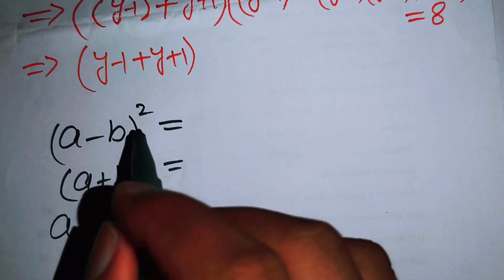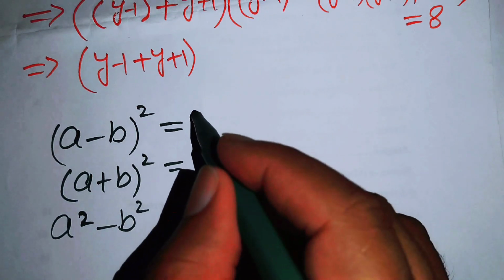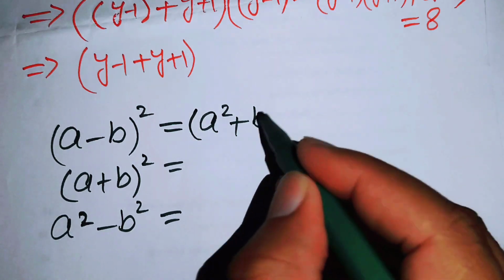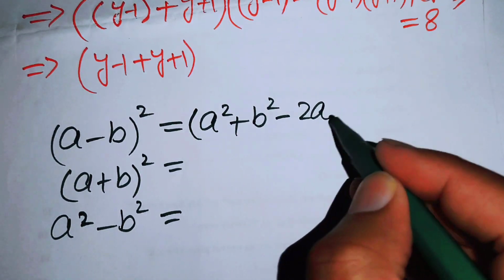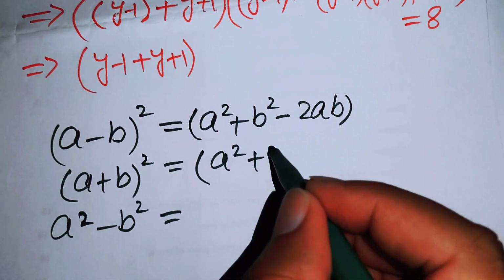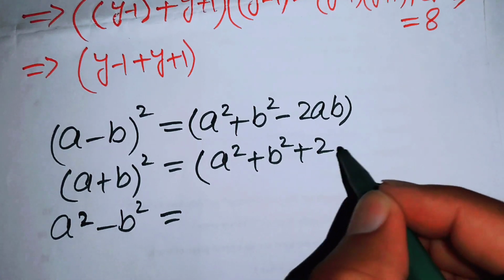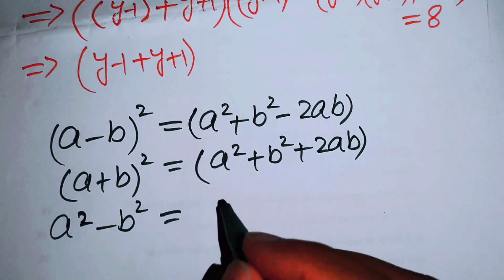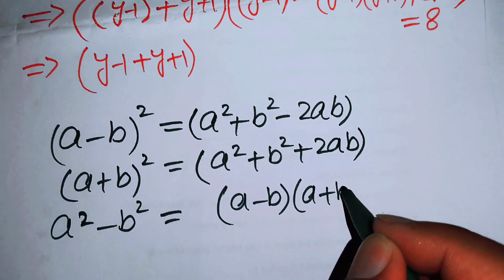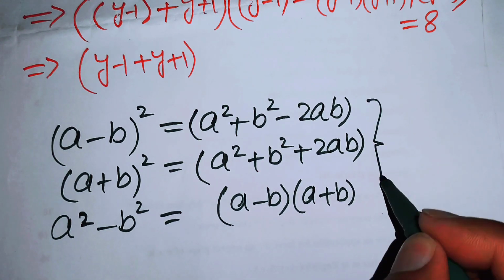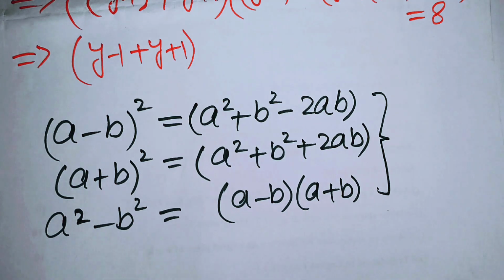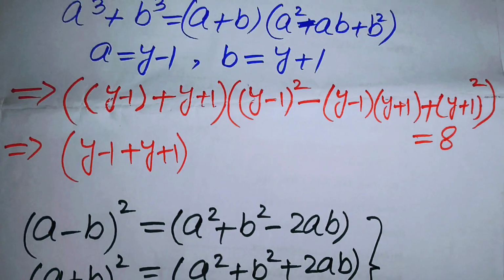First I can write this formula here: (a − b)² = a² + b² − 2ab, and (a + b)² = a² + b² + 2ab, and this one is a² − b² = (a − b)(a + b). We will apply these here one by one.